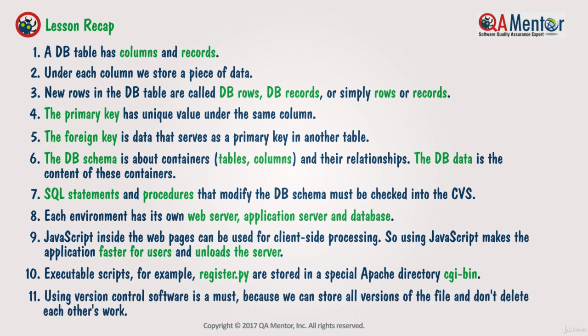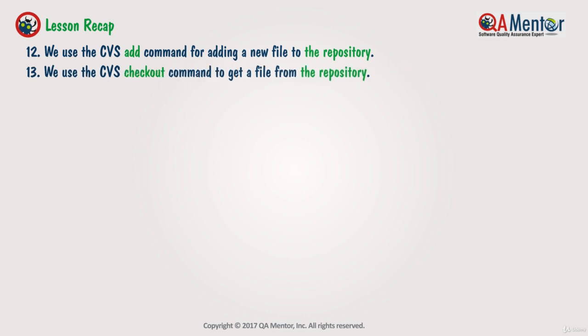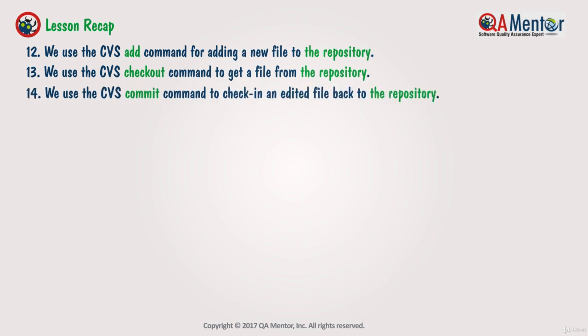11. Using version control software is a must because we can store all versions of the file and don't delete each other's work. 12. We use the CVS add command for adding a new file to the repository. 13. We use the CVS checkout command to get a file from the repository. 14.